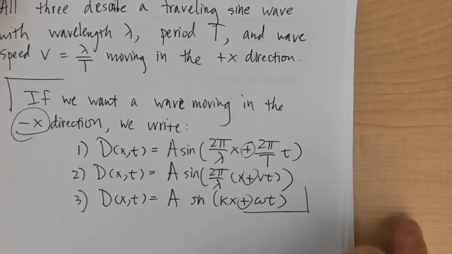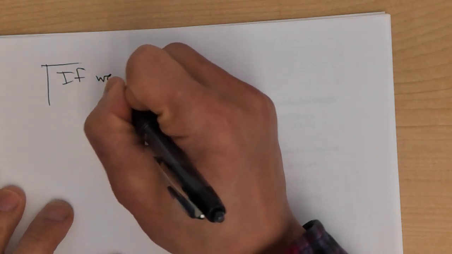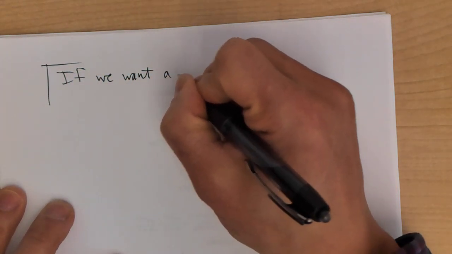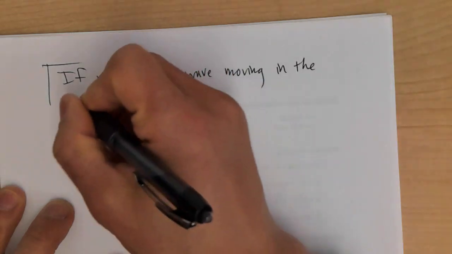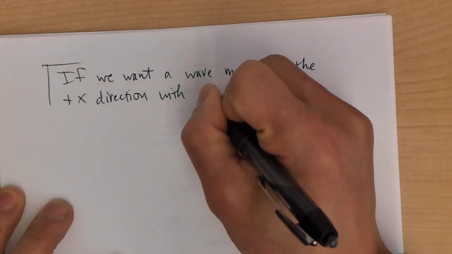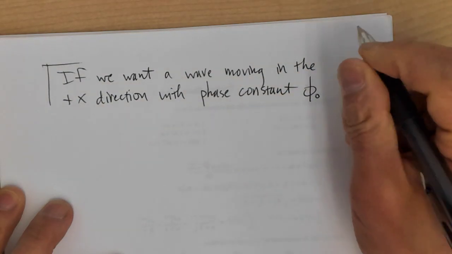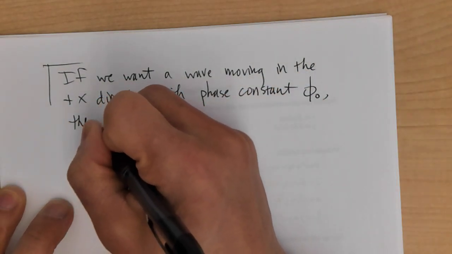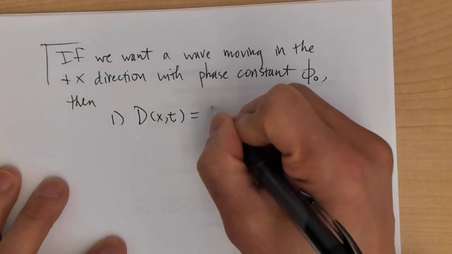As another aside, if we want a wave moving in the plus x direction with some arbitrary phase constant phi 0, then we just put this extra phase constant inside of the sine function.